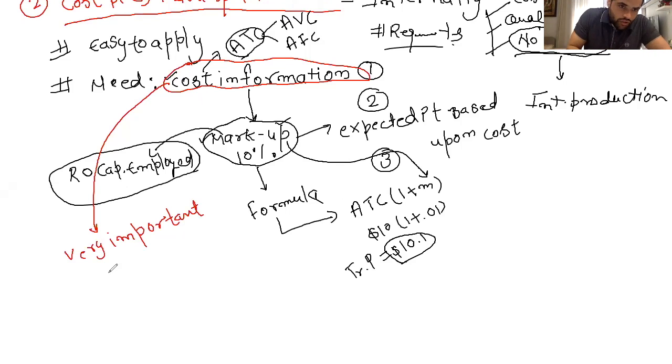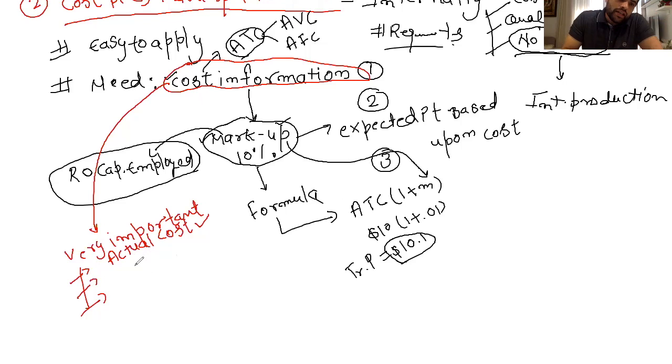So remember, when we are estimating cost, we can use 3 different ways to estimate the cost, right? The first one is actual cost. On the basis of whatever actual cost the supplying division is bearing, the supplying division will determine the price using markup, of course.